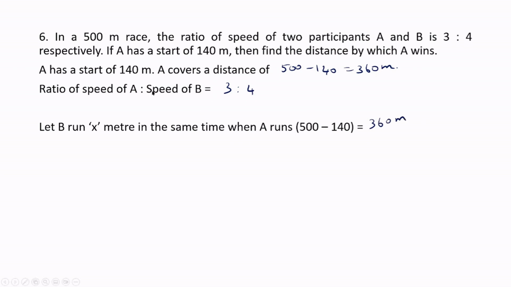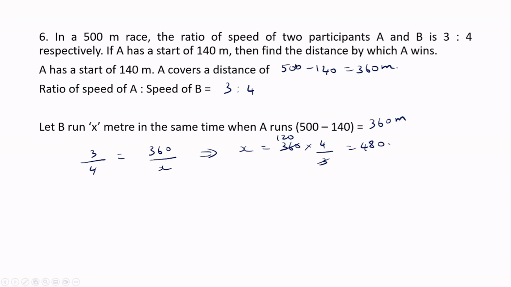Then the speed of A by B is 3/4, equal to 360 by x. So from this we can find x. x is equal to 360 into 4/3, which is 480 meters.